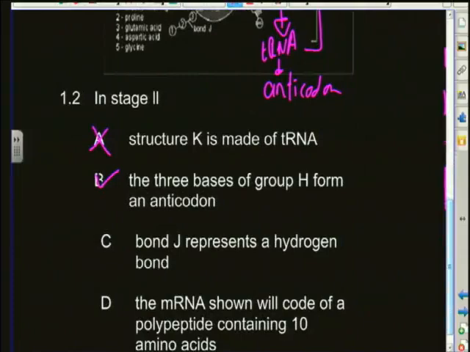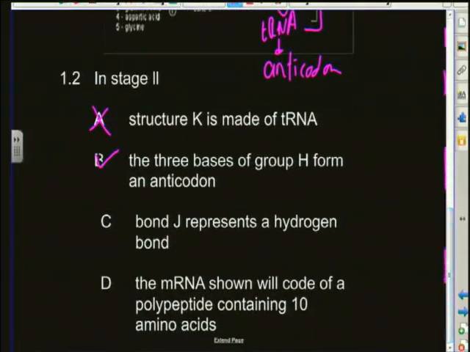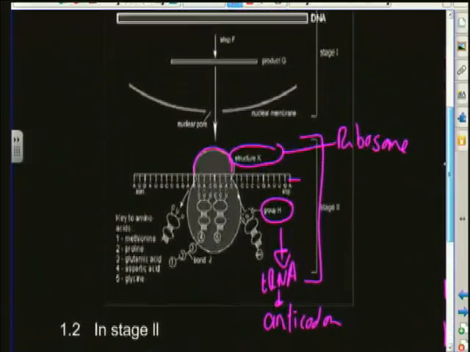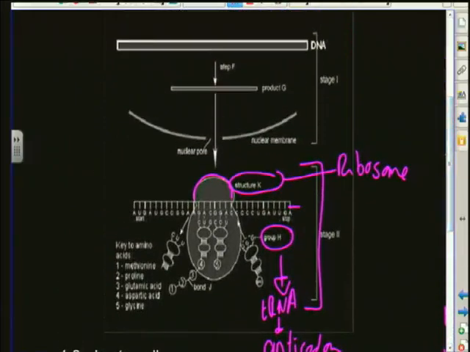Number C, bond J represents a hydrogen bond. We see over here there's a bond. What bond is that? It's a peptide bond. If you notice, a lot of the proteins have peptide bonds. So it's not. Where am I going to find a hydrogen bond? In my DNA.